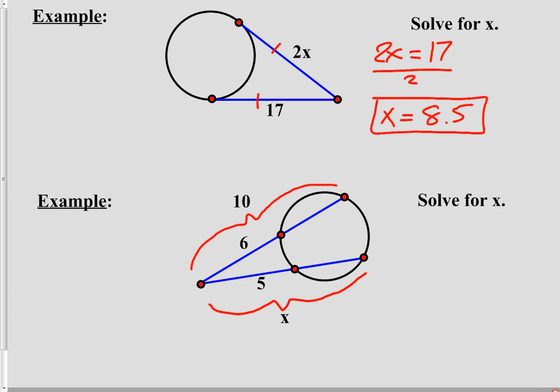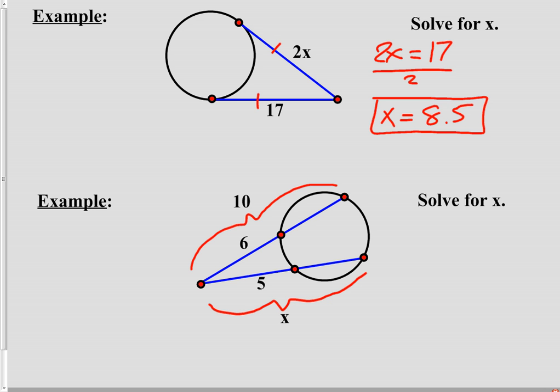Last example I'm going to work with you will show you how one of these secant formulas works. Again, it is up to us to decide what type of formula actually works with this. You would have to look at this problem and identify that it is two secants from a common endpoint, and that the problem is talking about the lengths of those secants from that common endpoint.